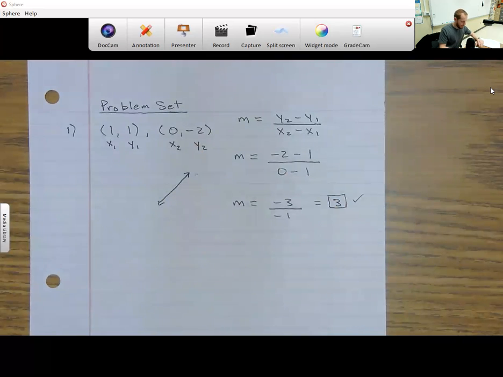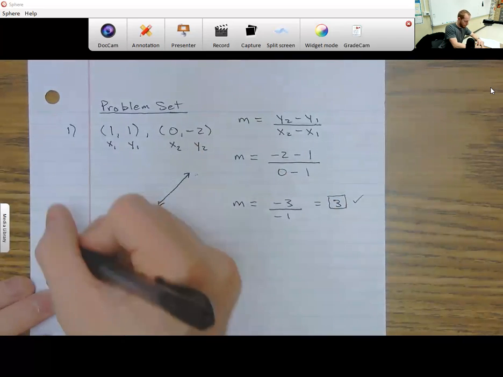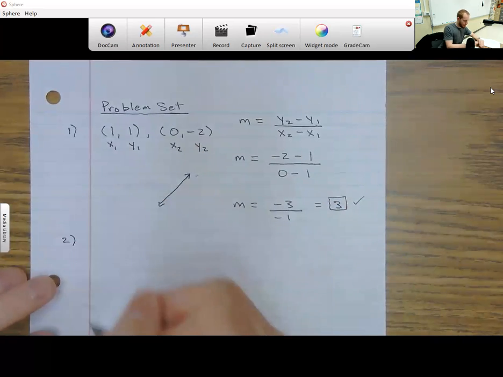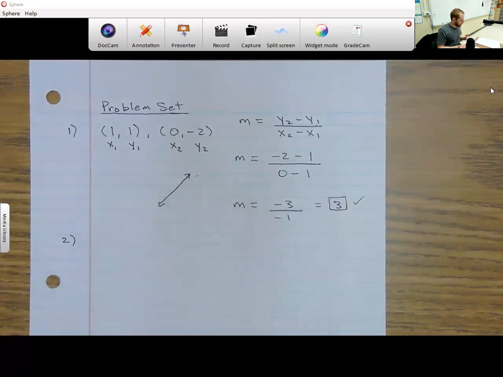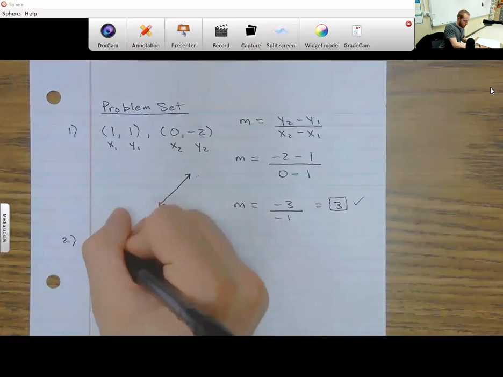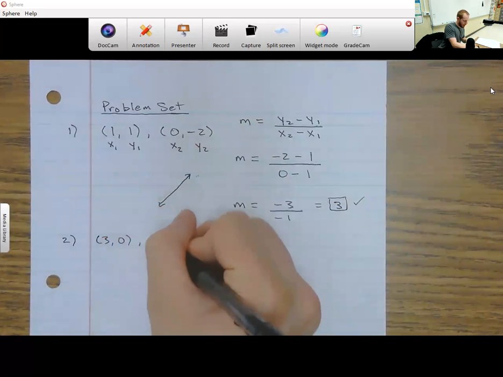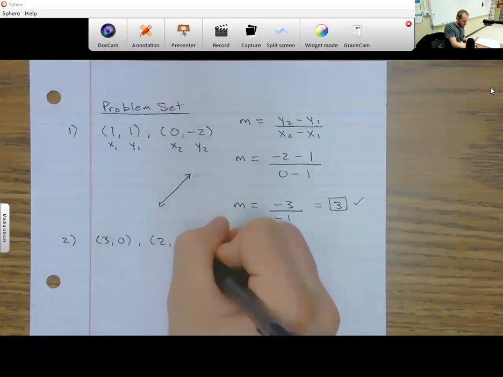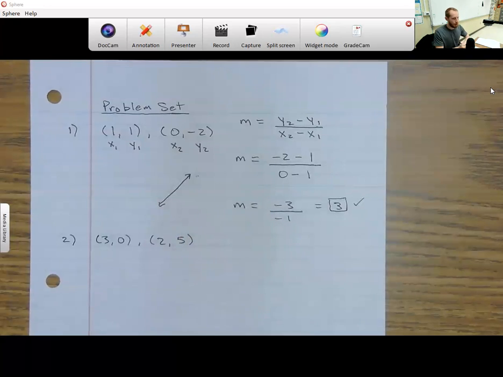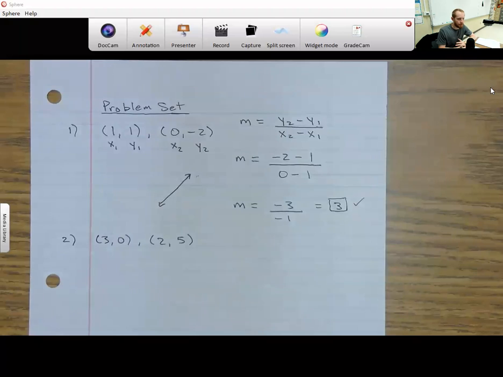Okay, let's look at number 2. Now for number 2, we've got (3, 0) and we've got (2, 5). All right, so once again, my x is always going to come first inside the parentheses.